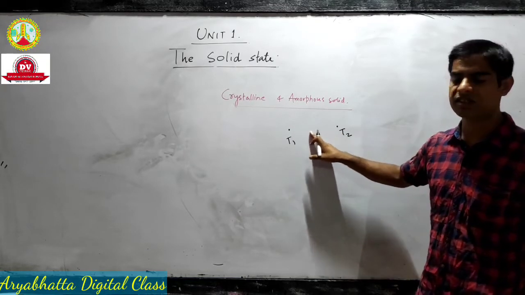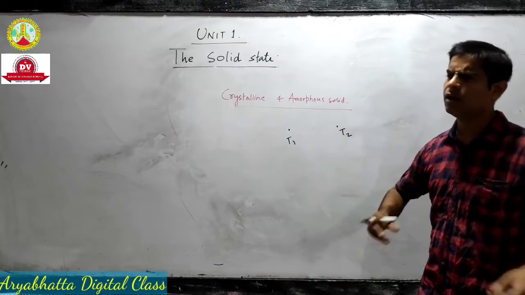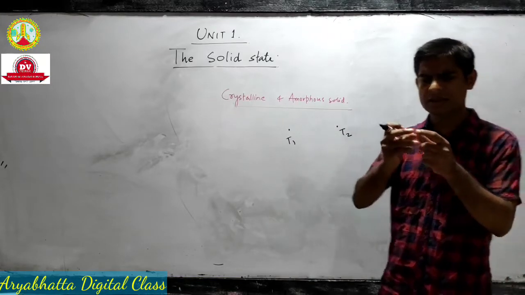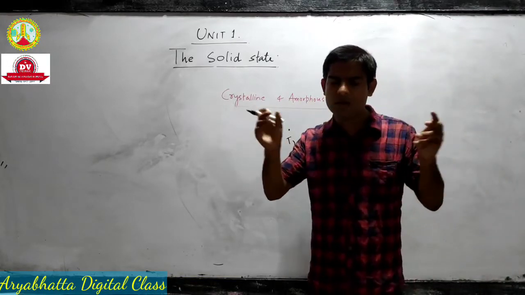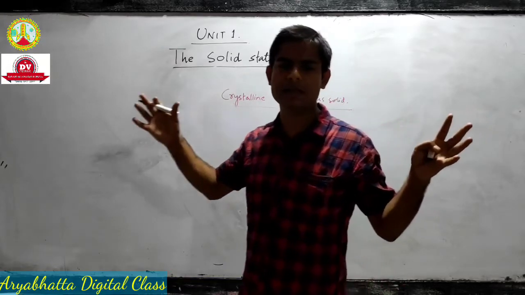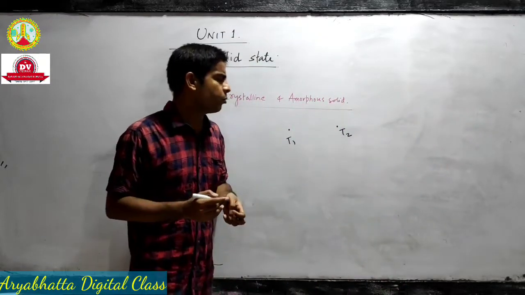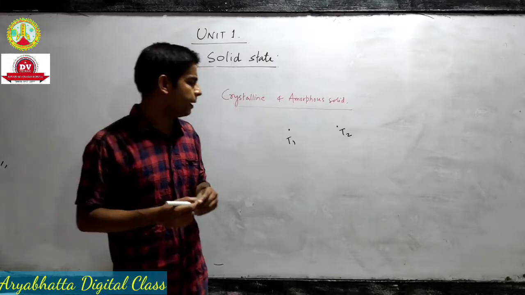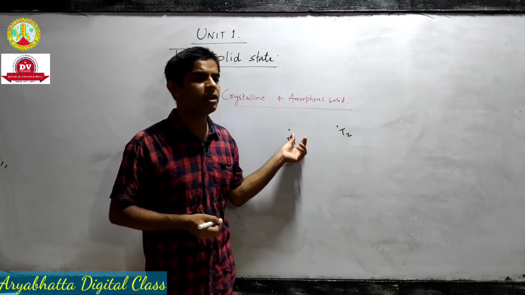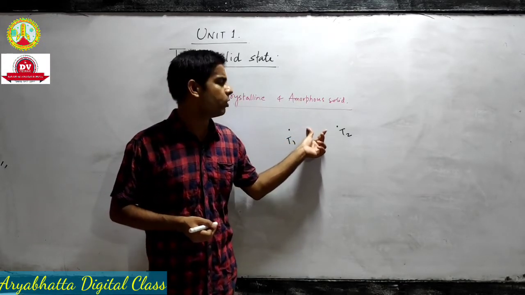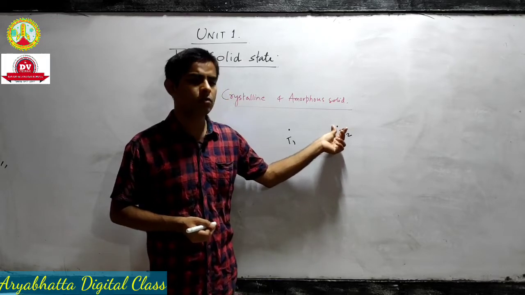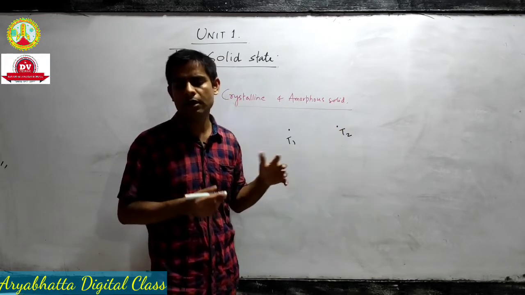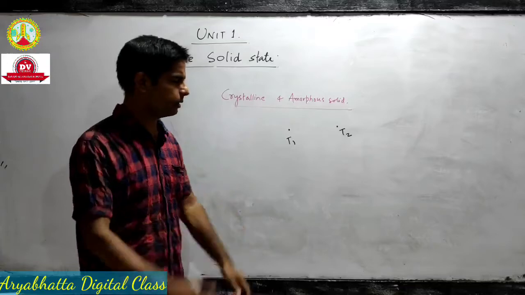Since that solid is made up of a large number of different molecular elements, it will start melting at T1 and keep on melting, and at T2 it will probably melt completely.